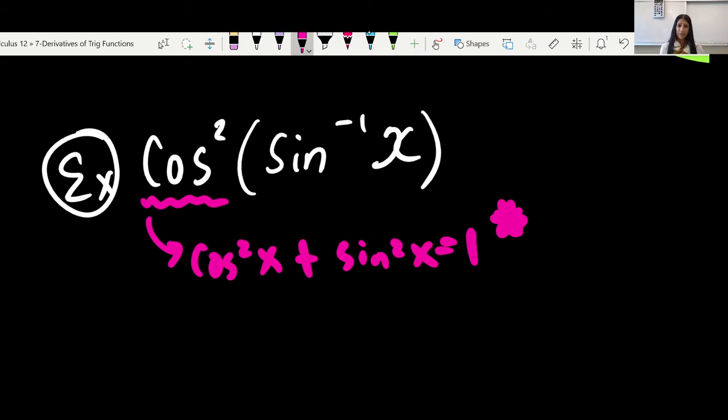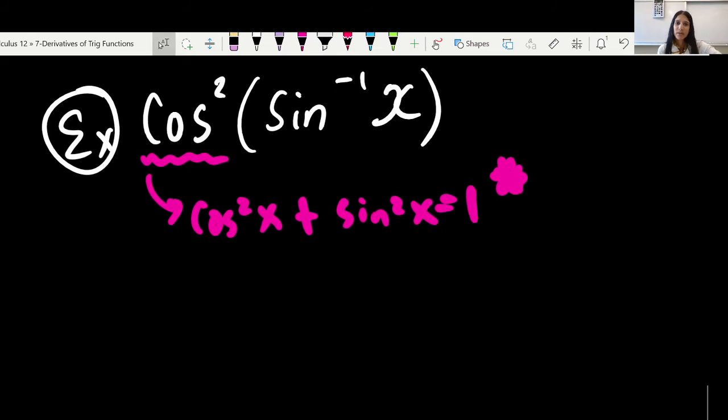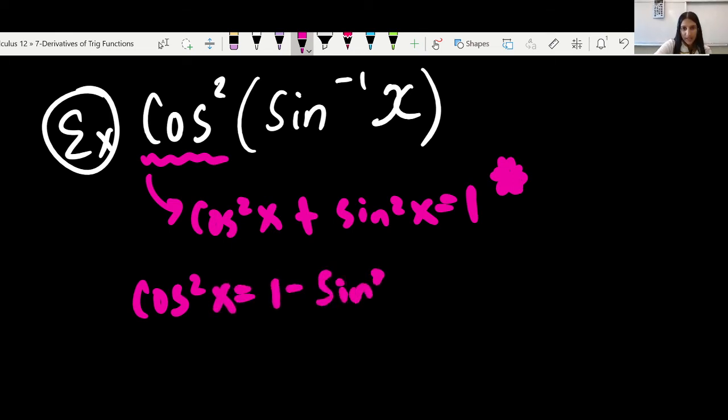If you want to use a formula sheet for this, I have them and I'm happy to allow you to use that, but I figure by now you probably kind of have this memorized because you've been practicing with this for a few days. So it's fair to rewrite this and say cos squared x is equal to 1 minus sine squared x just when we rearrange these. So I would just take that and move it to the other side.